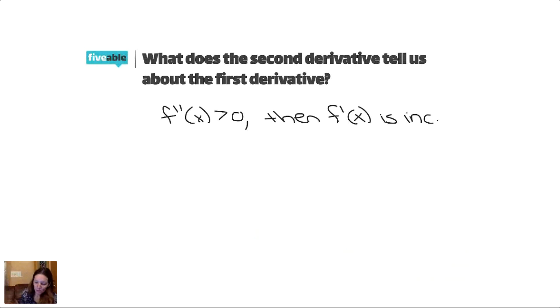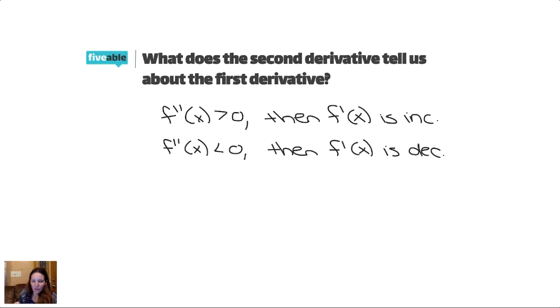Same is true with the rest of it. If it's less than 0, then f prime of x is decreasing. Same with 0. Now it's a little bit different with 0. Not really. In the next level it will be.